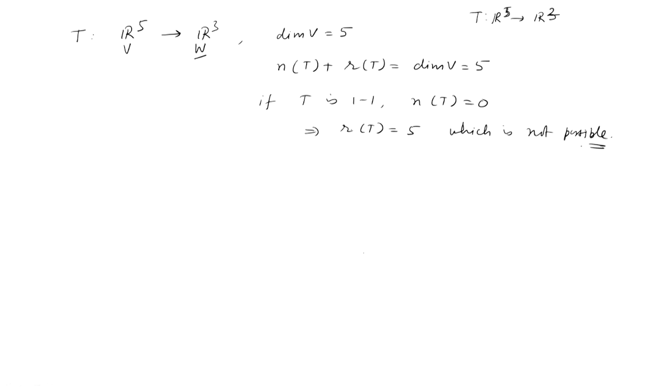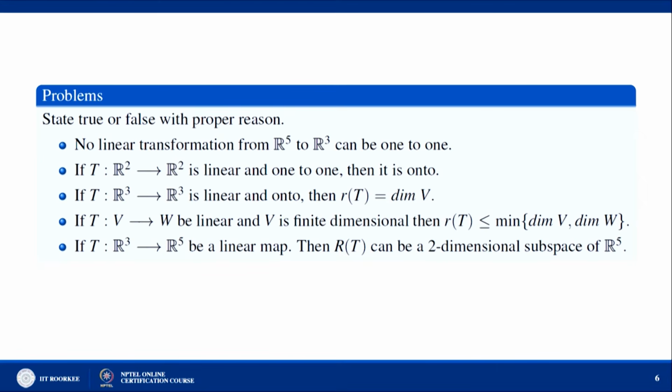R(T) is a subspace of W, so its dimension cannot exceed the dimension of W. So, rank of T is 5 here, which is not possible because the maximum value is 3. So, we cannot have any linear transformation from R5 to R3 which is 1 to 1. So, the first statement is true.